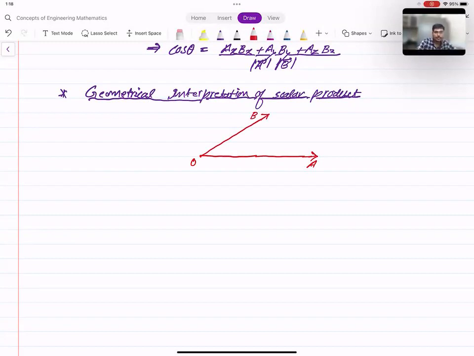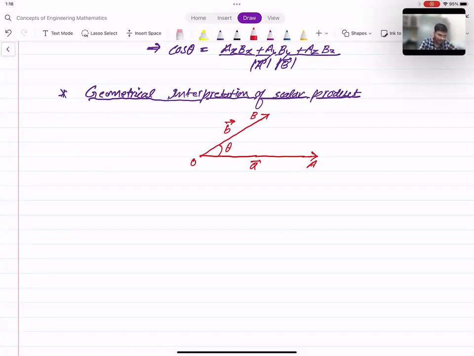We can say that this is vector A and this is vector B, and they have an angle theta between them. I said that the scalar product is the product of the first vector and the length of projection of the second on the first.